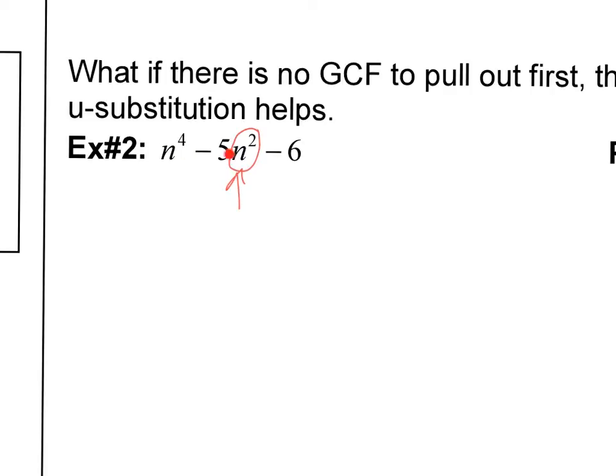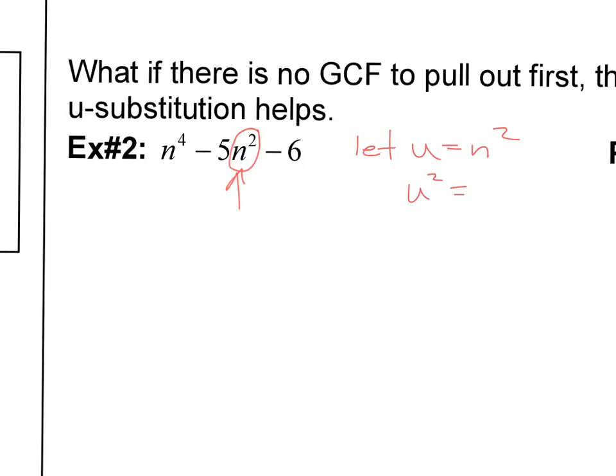See, right now this is a little tricky to factor, but if I take this n squared, I can write this over here. I can just say let, and this is what we mean by u substitution, let u equal n squared. And then we can quickly find out, well, what does u squared equal?